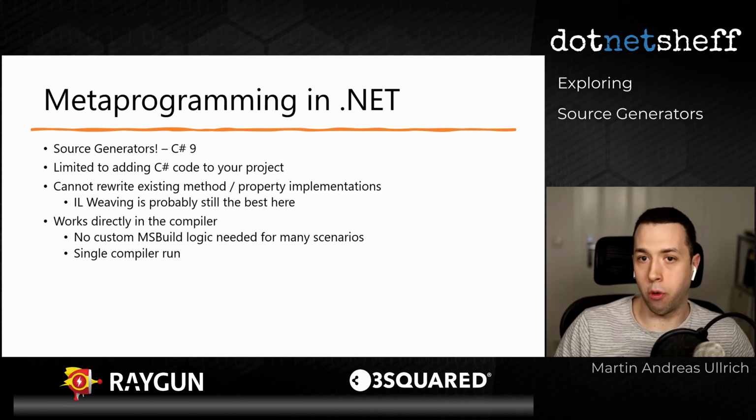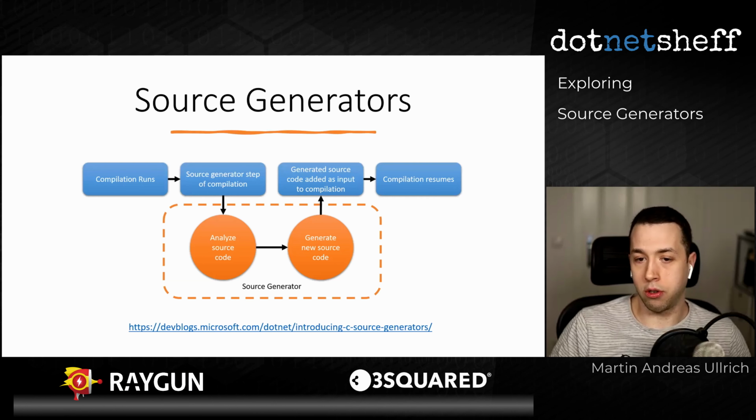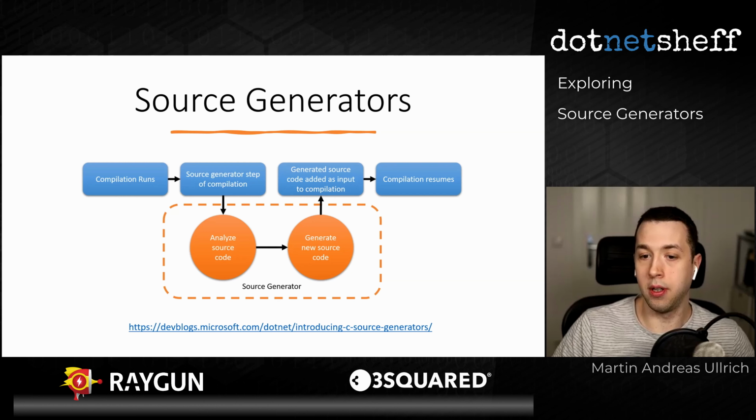And in Roslyn 4, so Visual Studio 2022, there's actually a way to make it faster inside of Visual Studio due to some incremental compilation features. So what the compiler really does is at some point during compilation, it just stops and tells the source generator, hey, here's my current state. Do you have anything to add to that? And then the source generator can add some more input to the compilation, and the compiler would just continue and then generate the assembly.